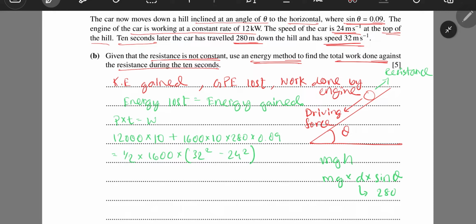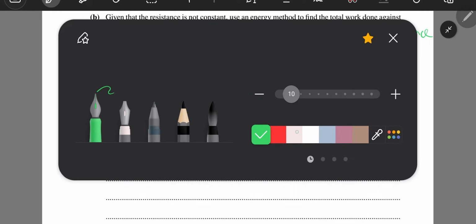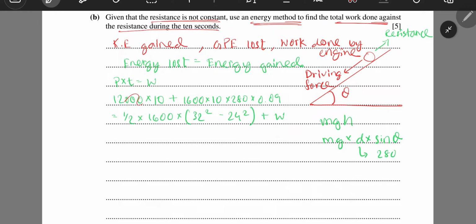And lastly, the work done against resistance. So I'll just write W for that. So going through it again, this is the work done by the car engine. This is the GPE lost. This is the kinetic energy gained, and this is the work done against friction, the one we are finding.